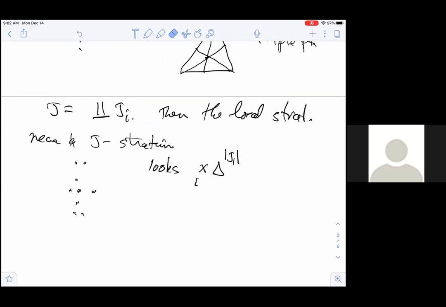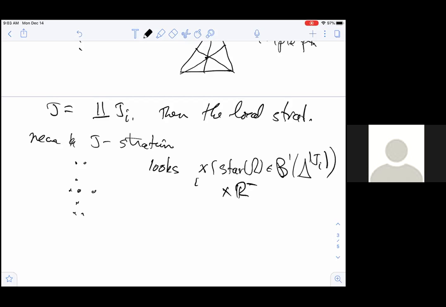Well, I should write it this way: the star of the barycenter in the first barycentric subdivision, let's call it B1, of delta Ji, and then cross a Euclidean space of some dimension that I won't write down.